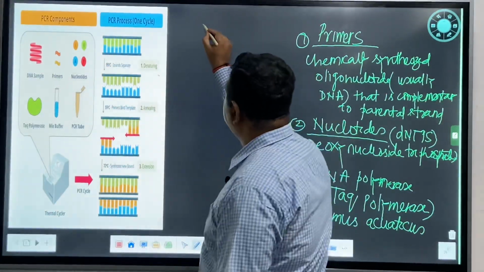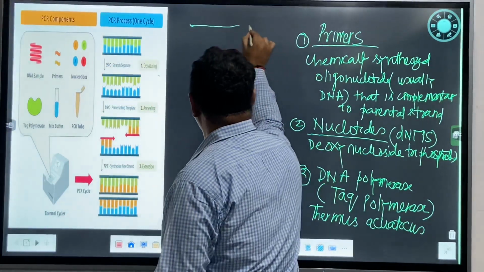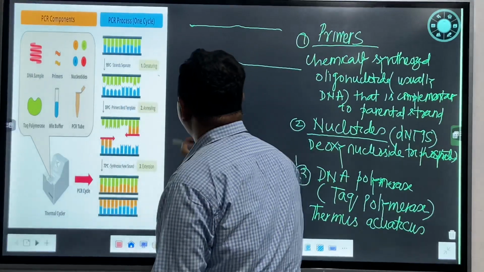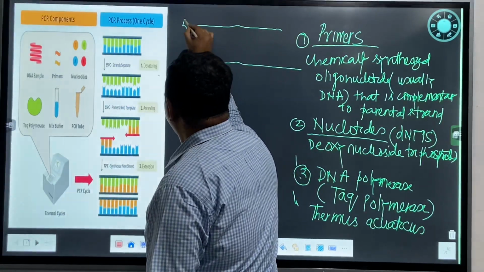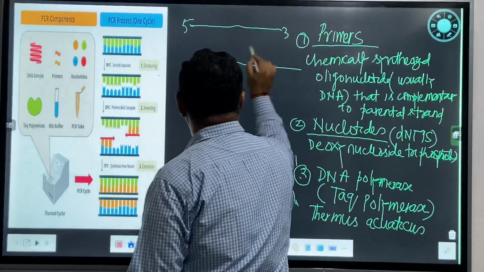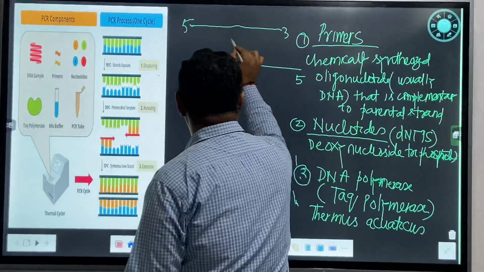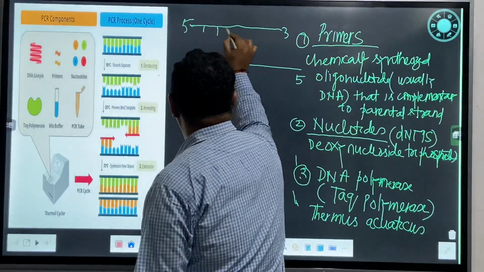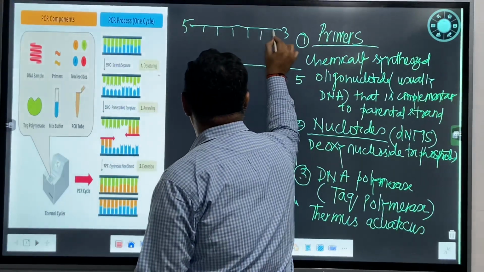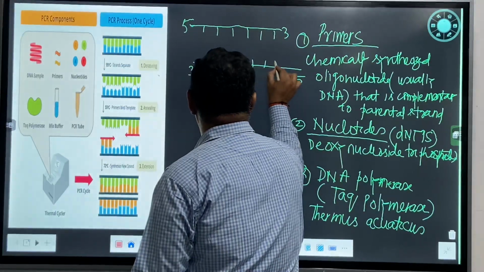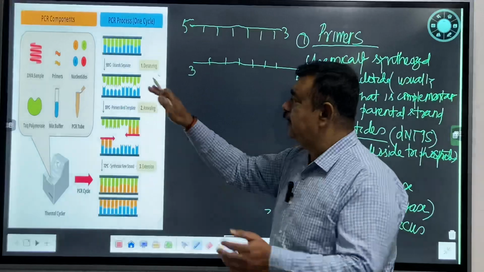Here I am showing with the diagram. Here one strand of DNA has polarity 5 to 3, and this strand has polarity 3 to 5. They get separated from each other.